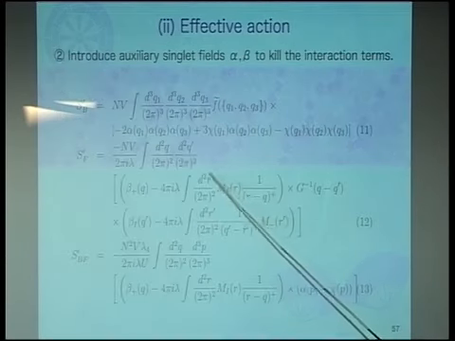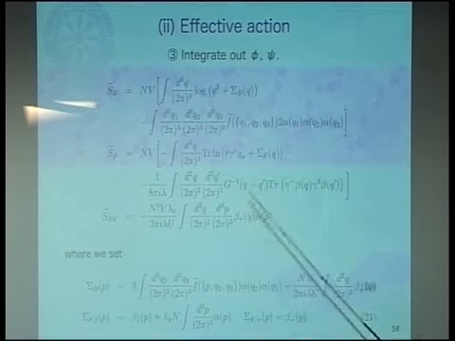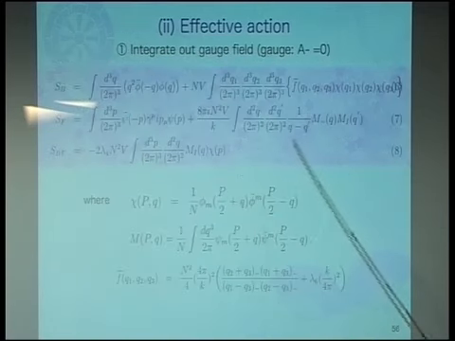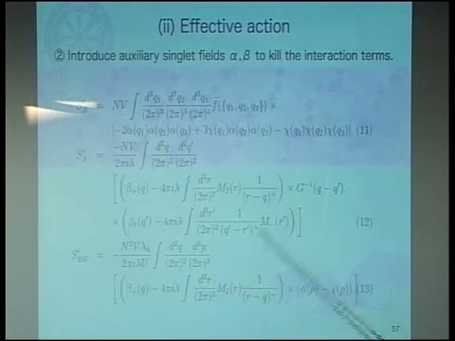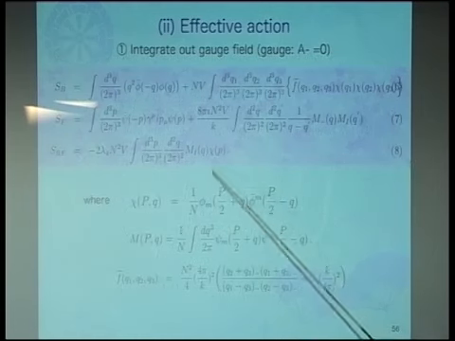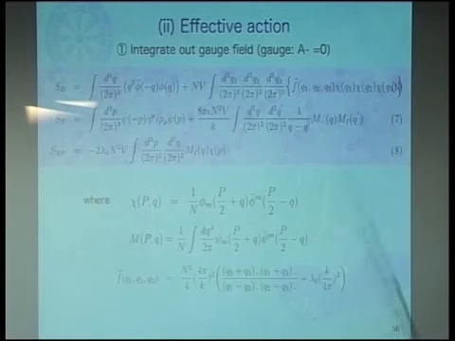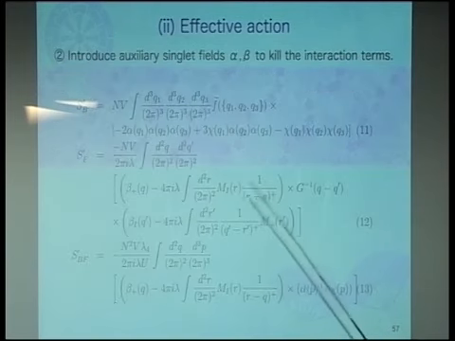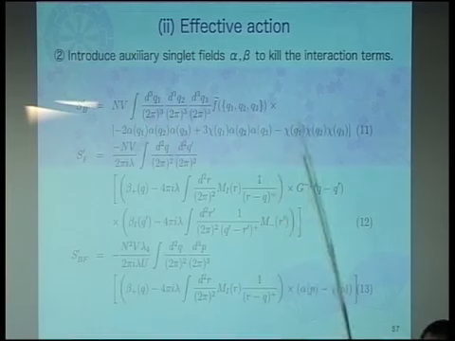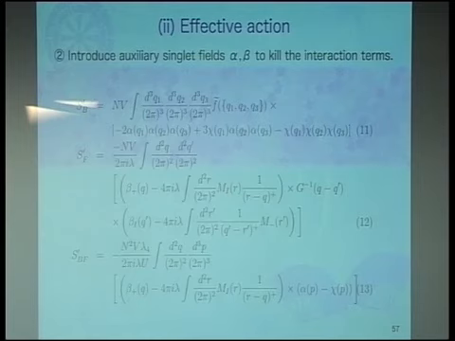By combining this and this and this, you can kill this part. And you can combine this and this, then you can kill this term. And integrating out this singlet field, this action reduces to the original one, right? Because this is an auxiliary field, integrating it out doesn't affect anything.